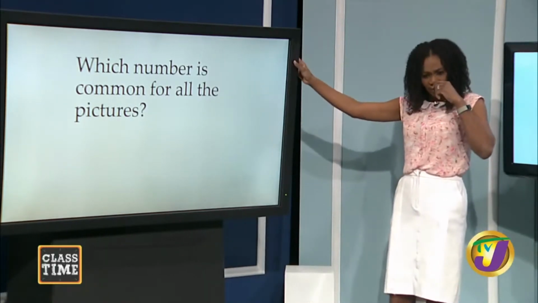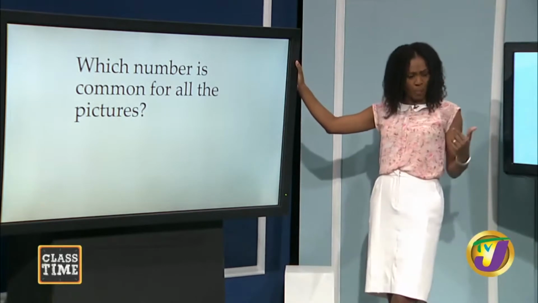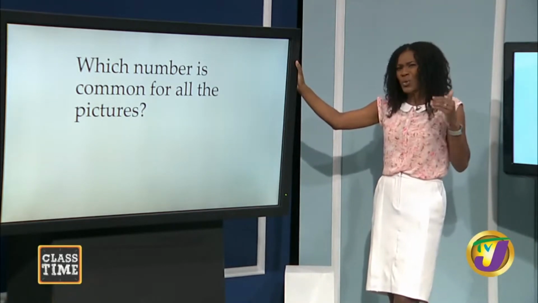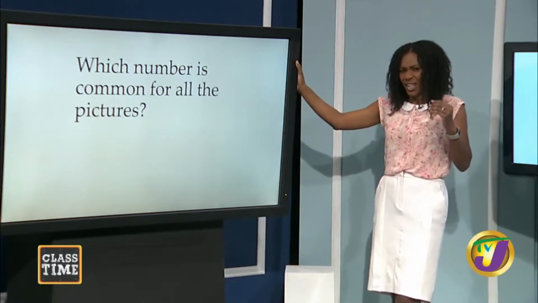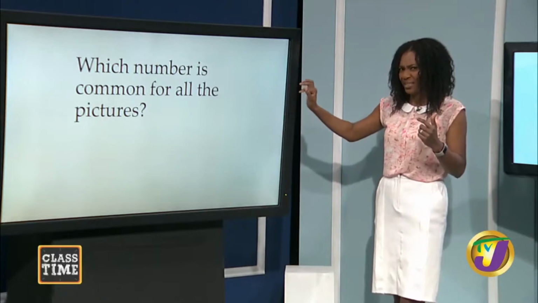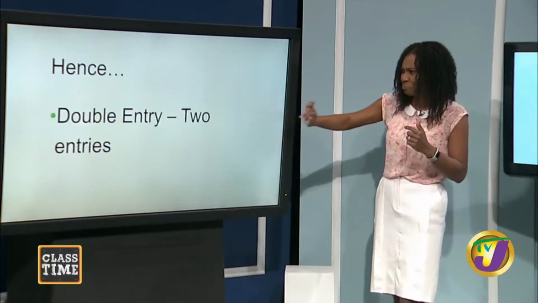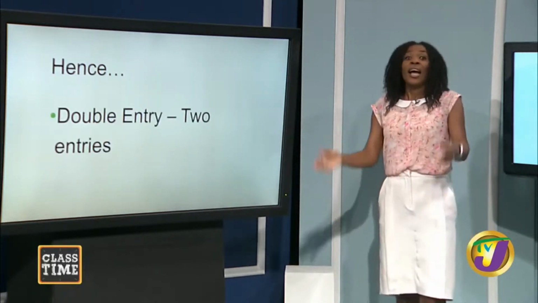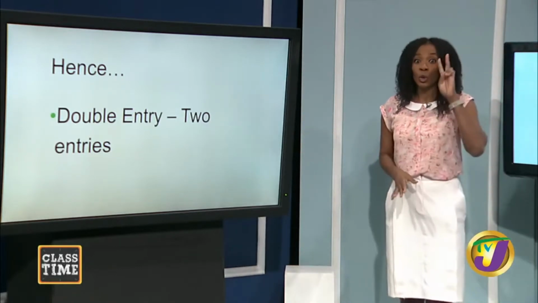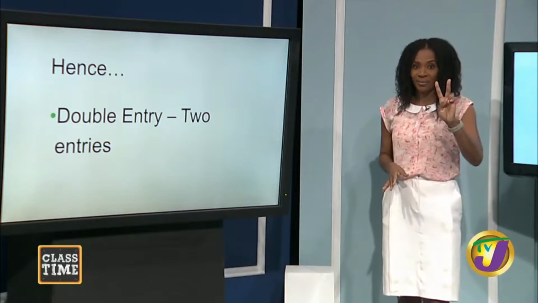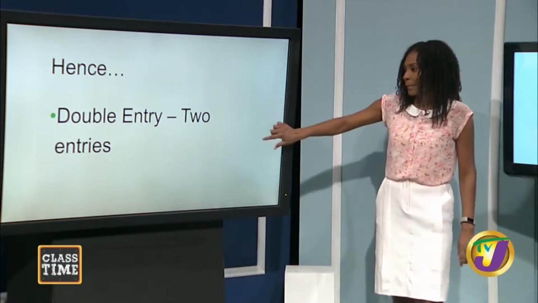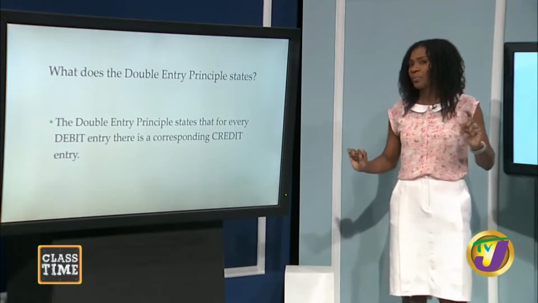So, if 2 means double and double means 2, what do you think then the term double entry means? Think about it. Hence, double entry means 2 entries. We're setting the foundation, you know. Catch it. Don't let it go.